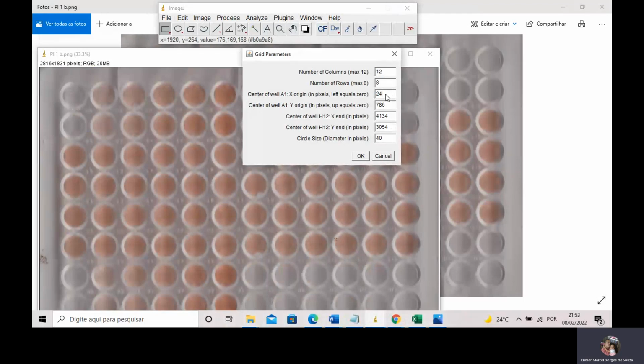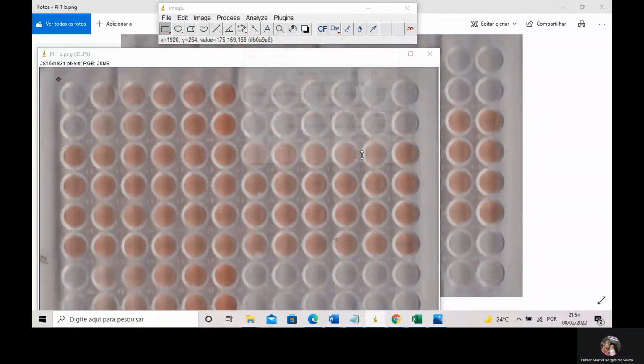So 240 and 198. Then you are going to type the position of the last well of the plate. That is 2601. And then 1674. We're going to press OK.